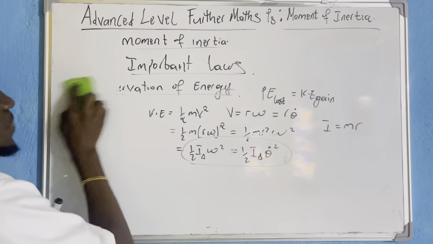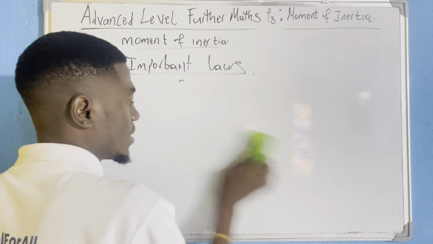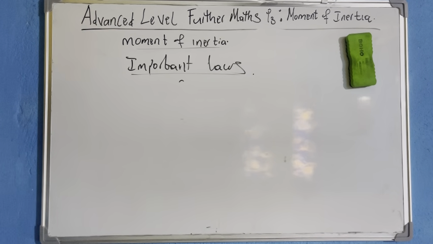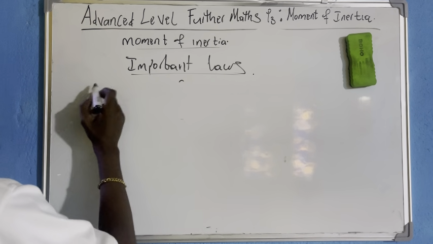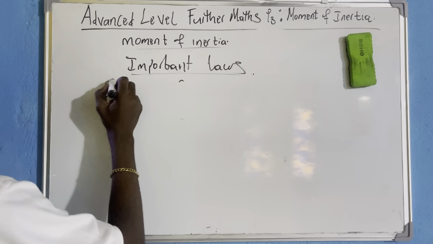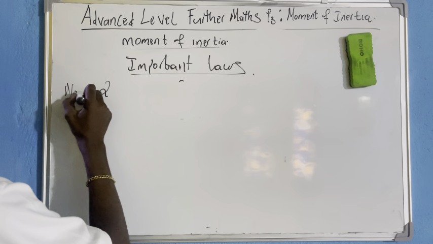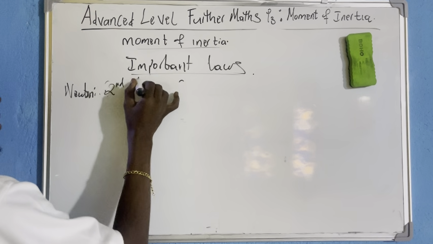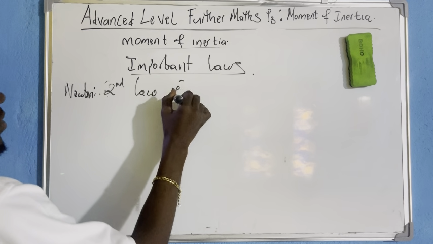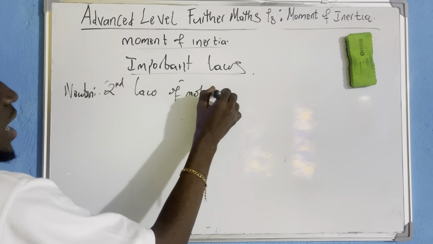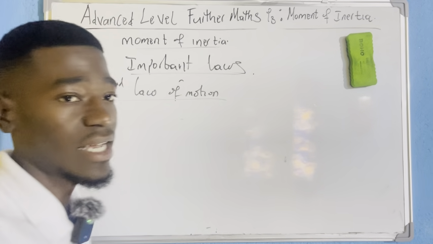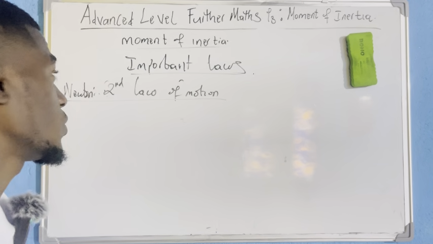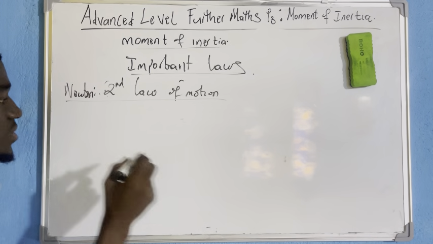Now, the next thing you should master here is Newton's second law of motion. As I said, the motion is not linear, it is a rotational motion. So when a body is undergoing rotational motion, Newton's second law has two cases.